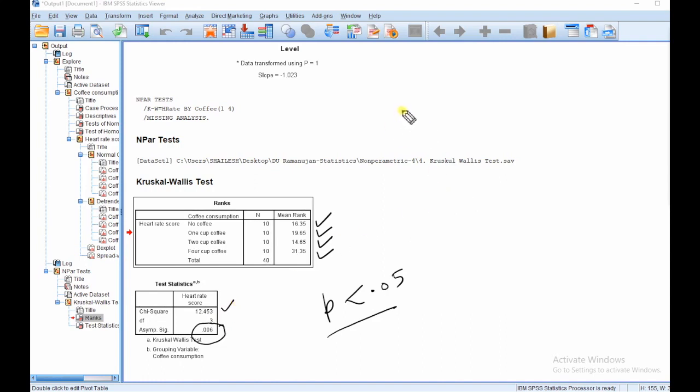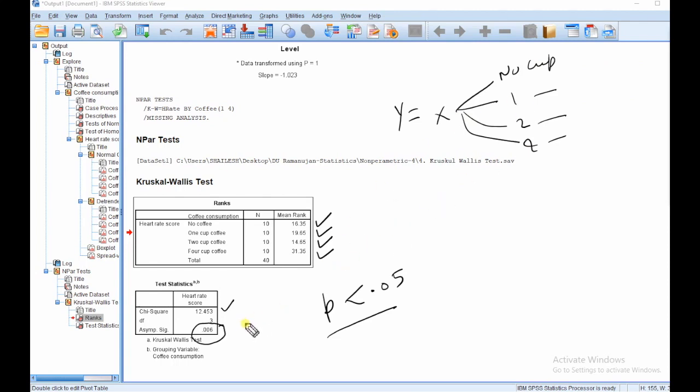But we do not know which, because there are 4 levels: no coffee consumption, 1 cup, 2 cups and 4 cups.